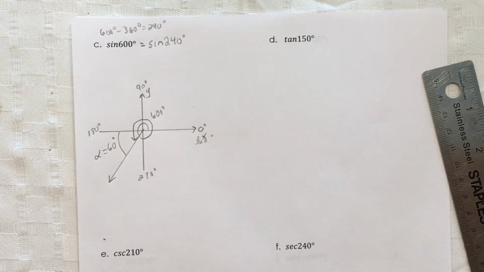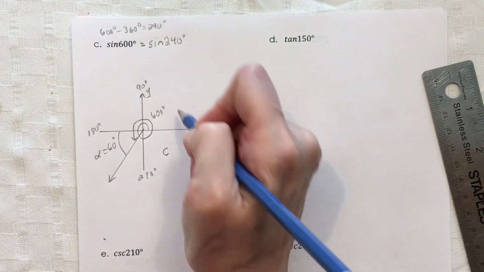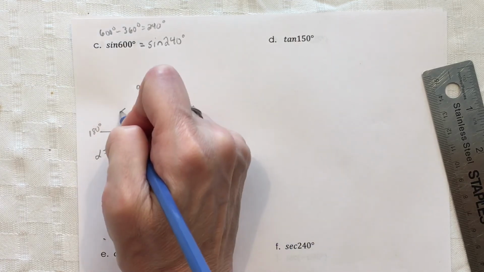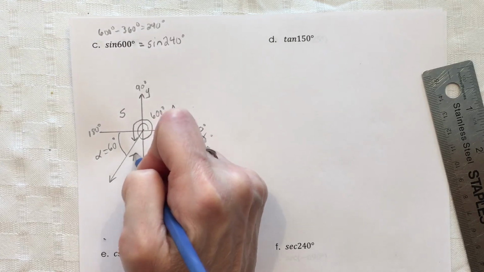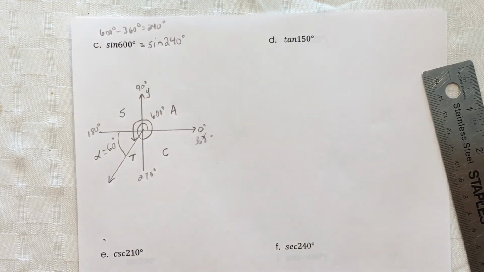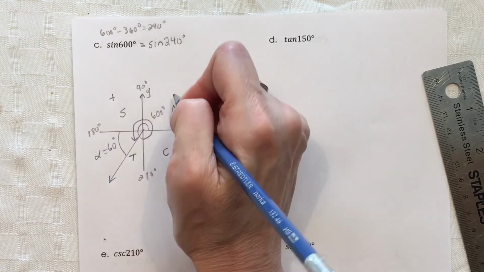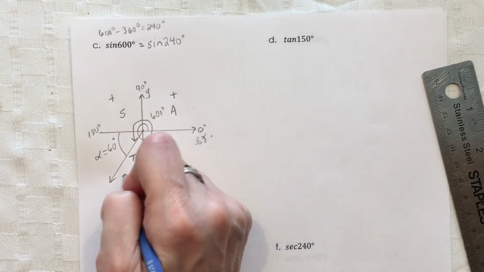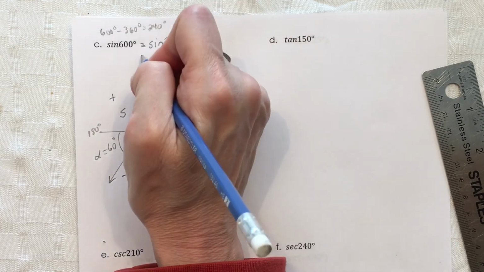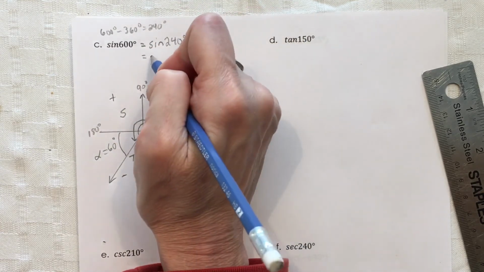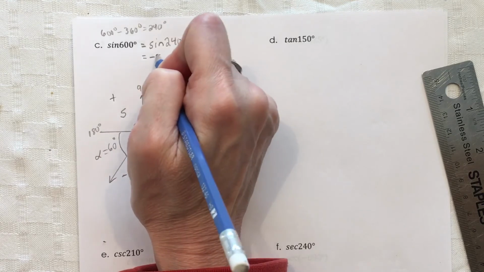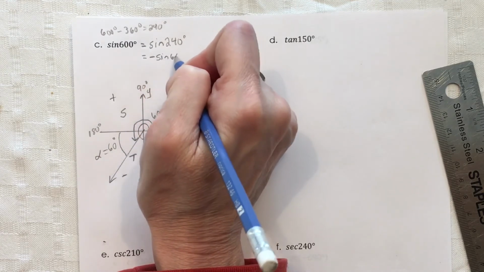So then I'm going to use the CAST rule. According to the CAST rule, sine is positive in the second quadrant and the first quadrant and negative here and here. So now we can say it's going to be the same as the negative sine of 60 degrees.